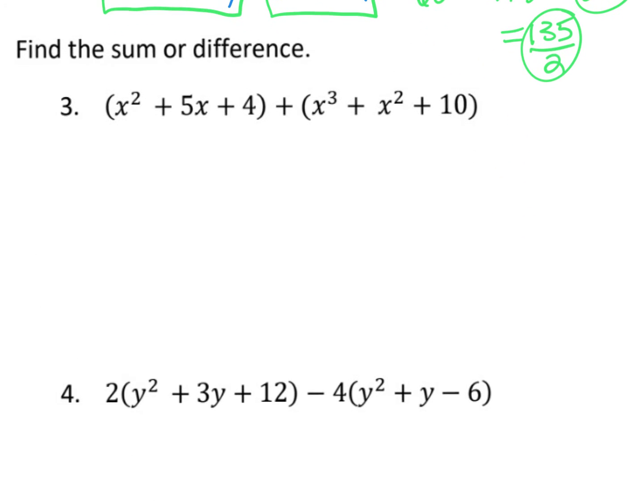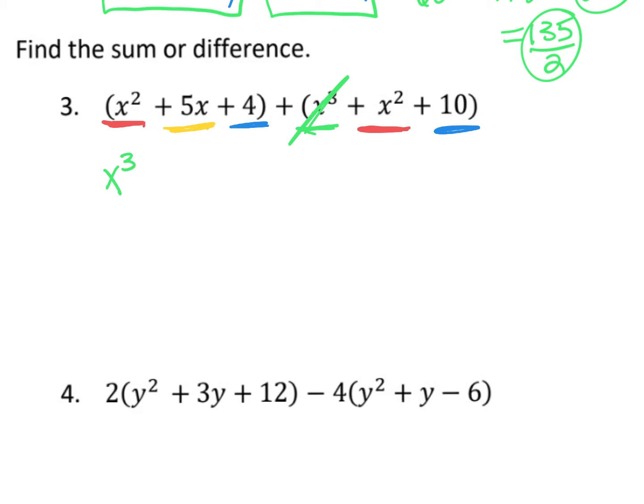All right, moving on to number 3. We are combining like terms. So let's see, we have an x squared here and an x squared here. We have a 4 and a 10. We've got a 5x, and we have x cubed. So I'm going to bring down my x cubed first. That's the only one there is there.